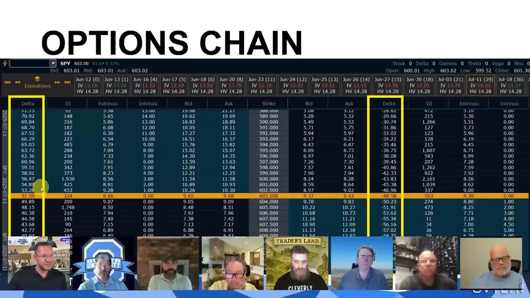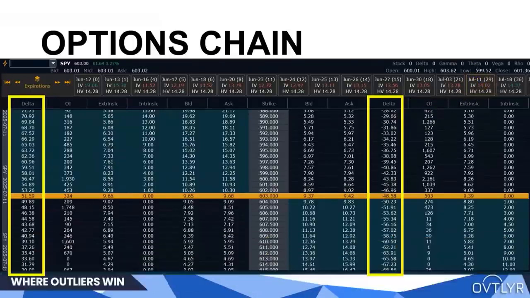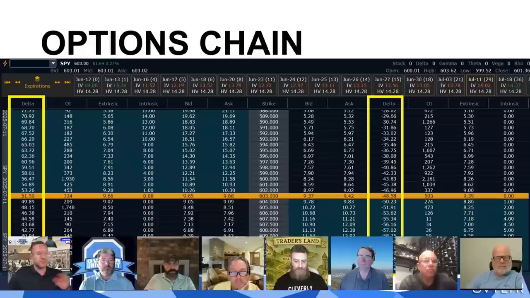You go deeper in the money, there's a 70% chance that the 589 strike will still be in the money by expiration. Right? And then if we look at the out of the monies, there's only a 31% chance that the 614s will be in the money by expiration. Okay? So what we're looking at with the delta has multiple different meanings.